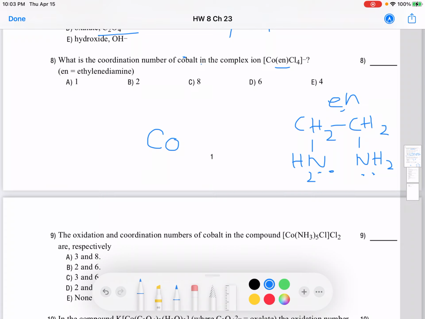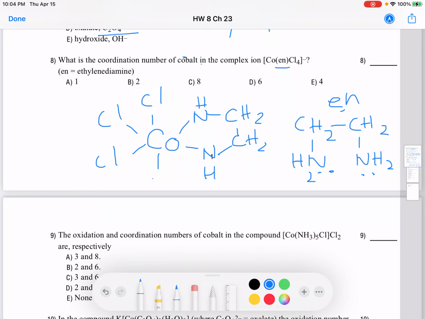And there is only one ethylenediamine: nitrogen, CH2, CH2, nitrogen, hydrogen. And then there are 4 chlorides: 1, 2, 3, 4.